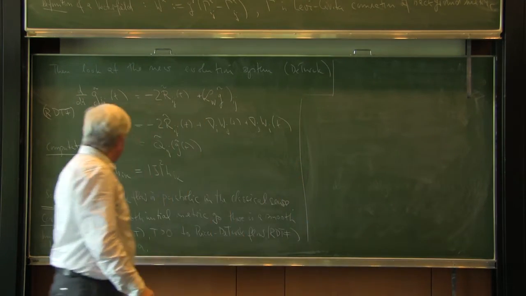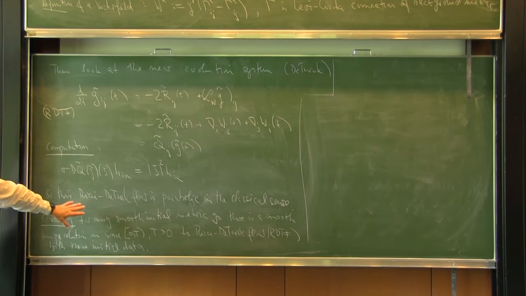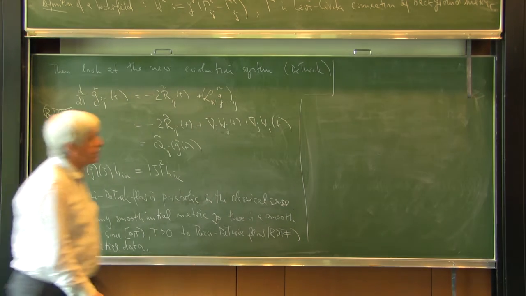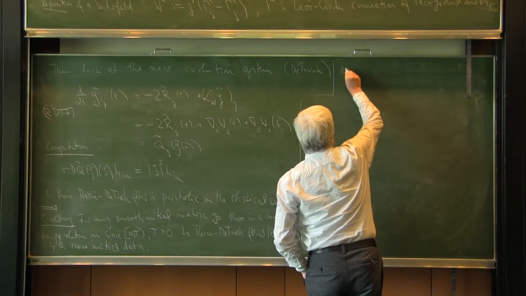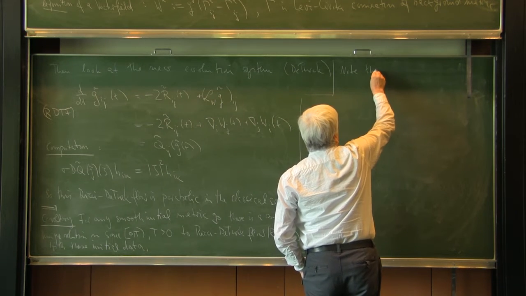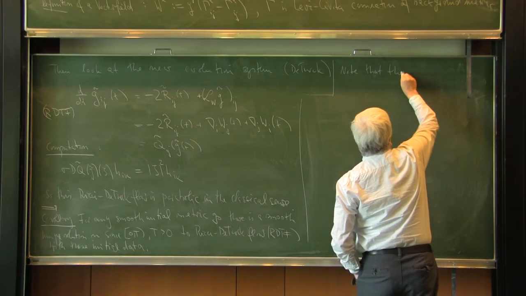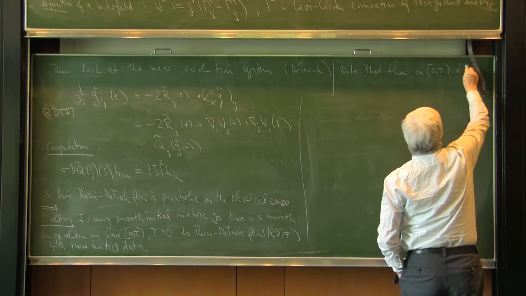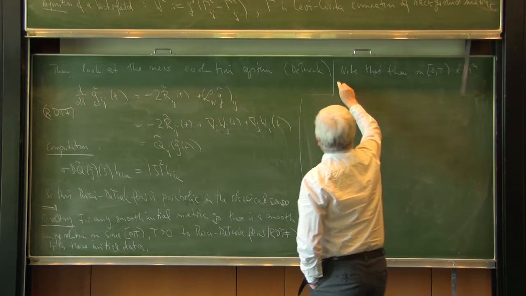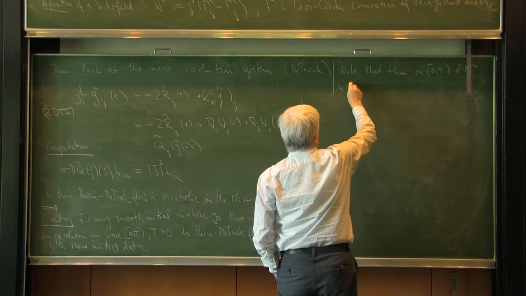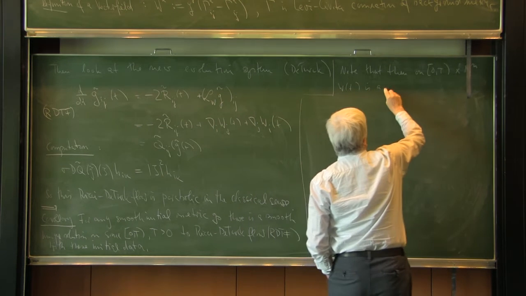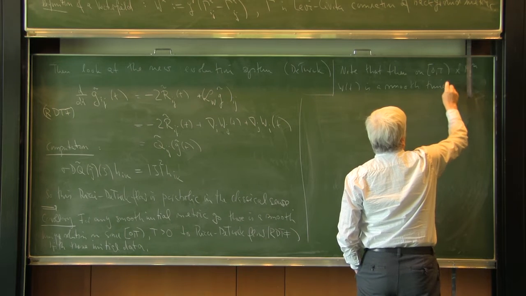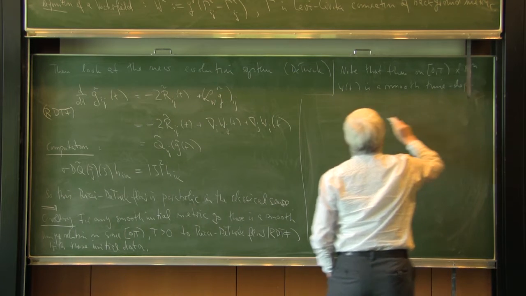So now, in this smooth solution, in particular, of course, we have the smooth vector field. So note that on [0,T) cross M^n, W of t is a smooth time-dependent vector field.